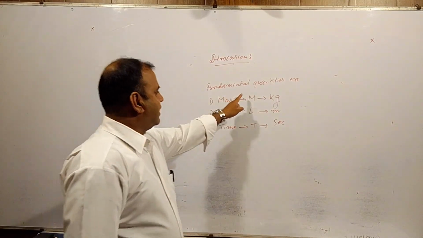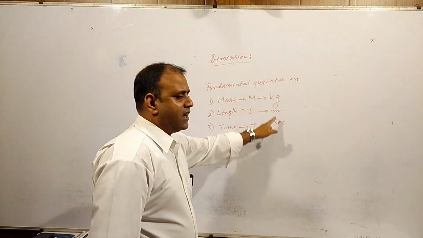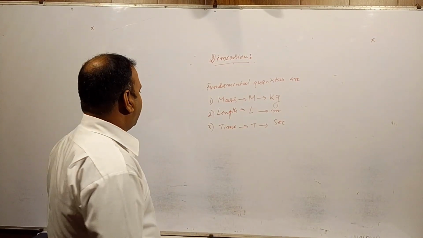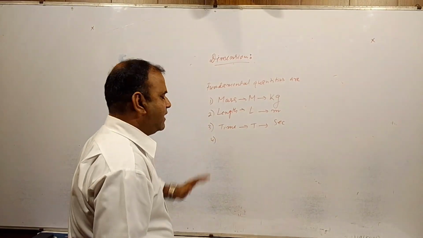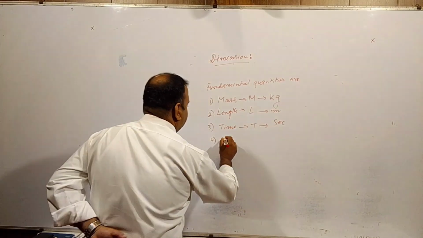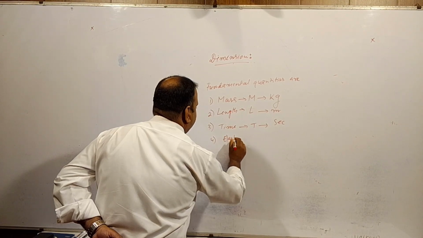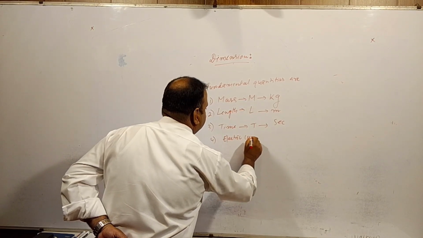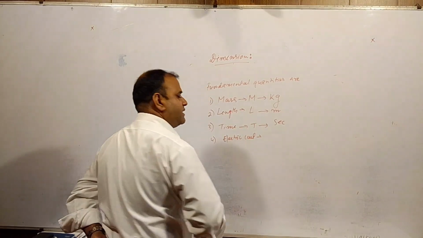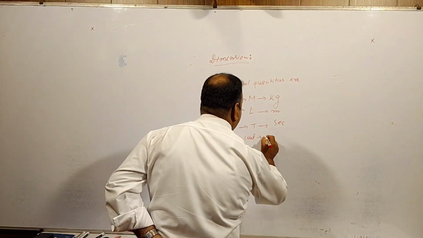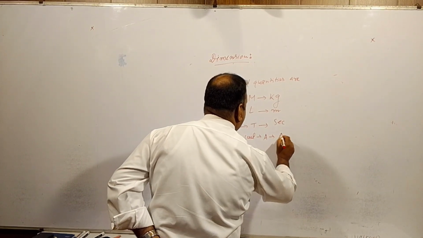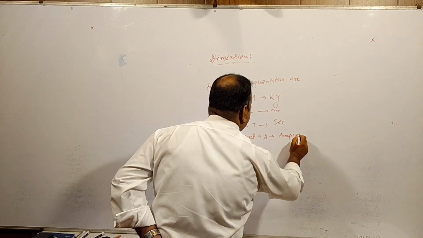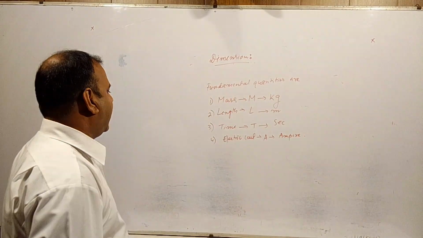So these are the representations and these are the units. Now number 4: mass, length, time are done. Next, electric current, which is represented by ampere, that means A.